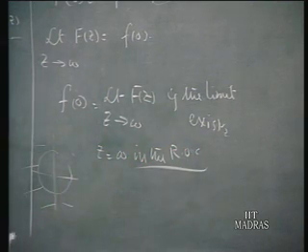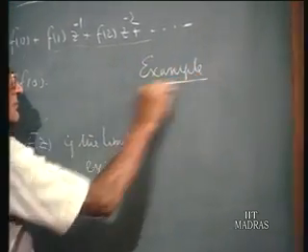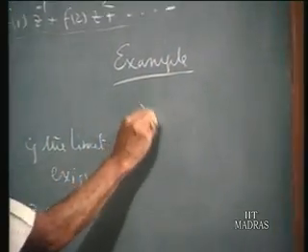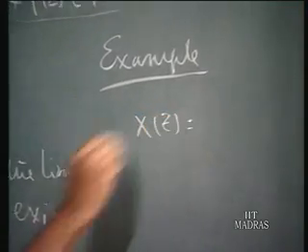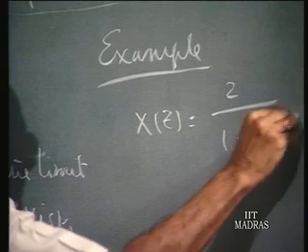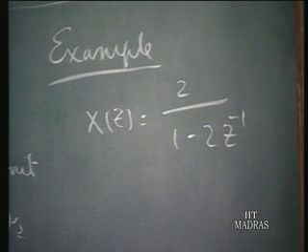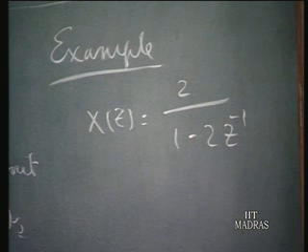Example. Suppose X of z happens to be 2 upon 1 minus 2 power 2 times z minus 1. This is the z transform of a certain function x of n.